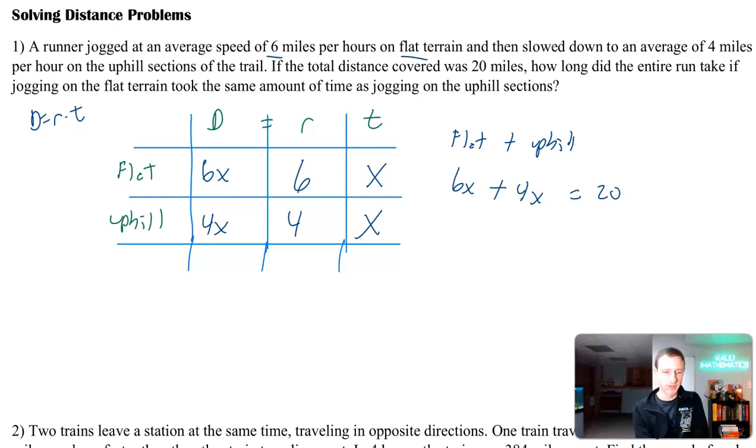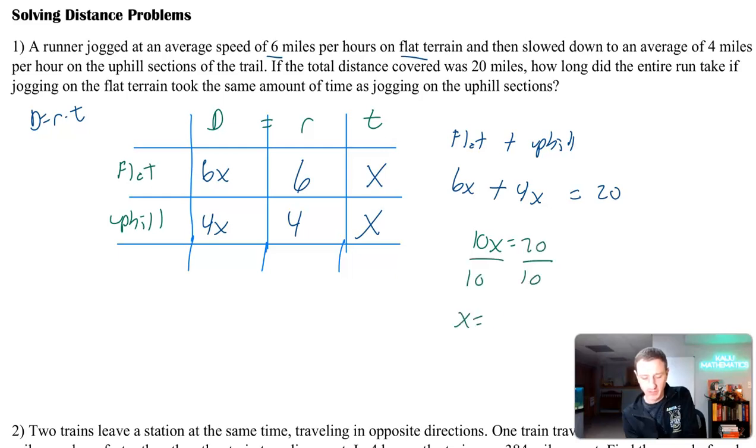Whatever mileage I ran for the flat section was 6x, because if I ran at a rate of 6 miles an hour for 1 hour, 2 hours, 3 hours, that would give me my total mileage for the flat. Uphill, 4 miles an hour, 1 hour, 2 hours, 3 hours, whatever came out to 4x. Put those two distances together, you get 20. And then it's just 6x plus 4x is 10x equal to 20.